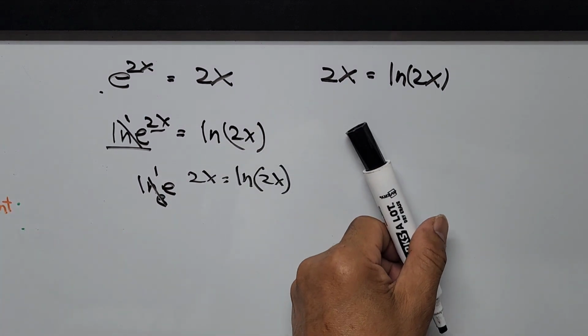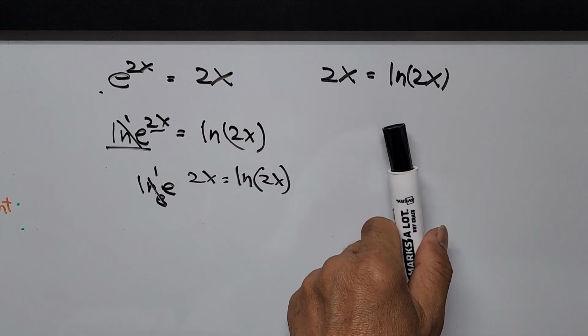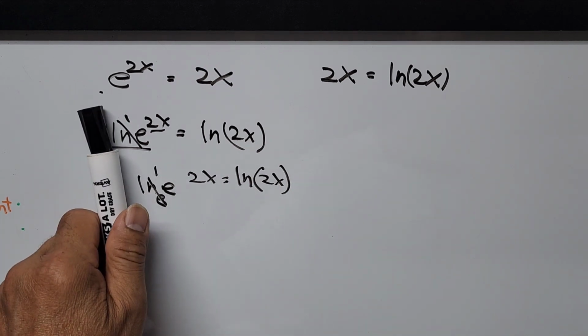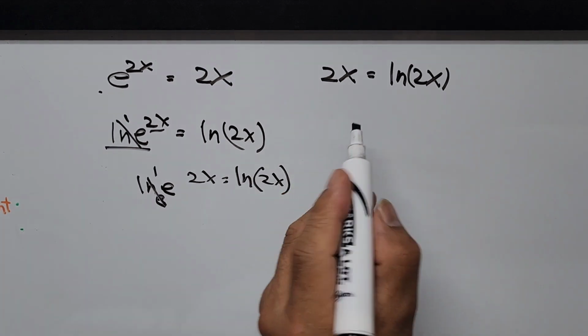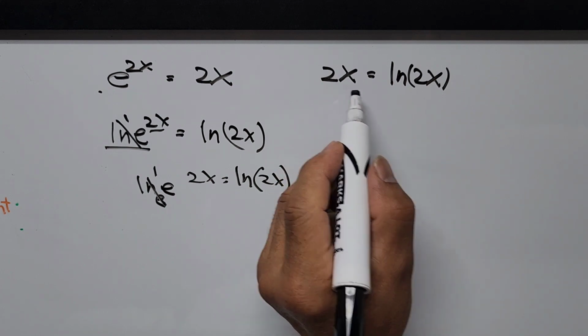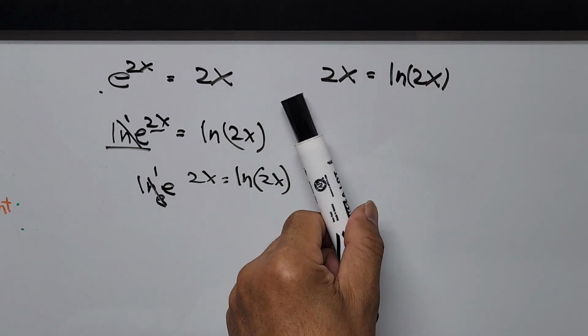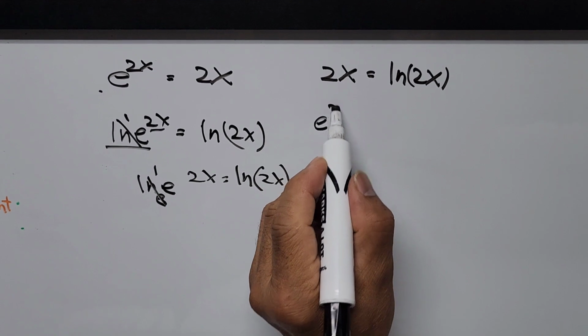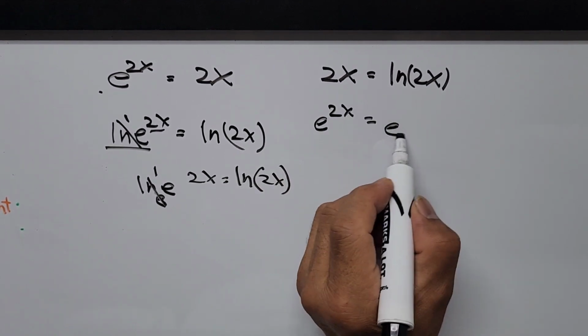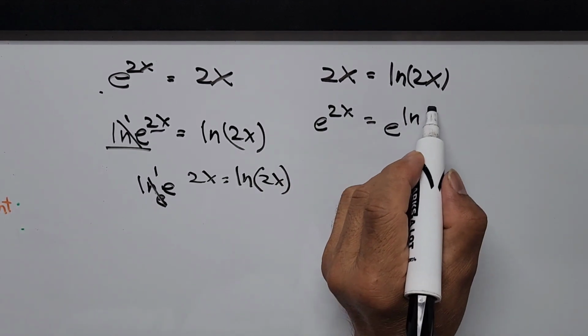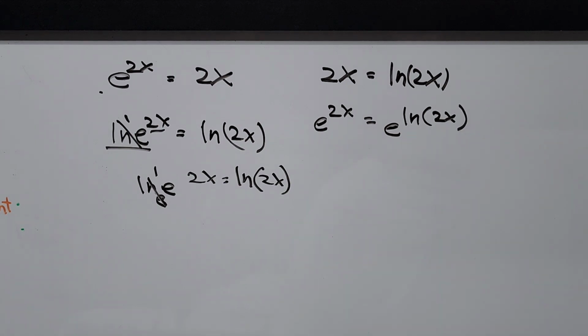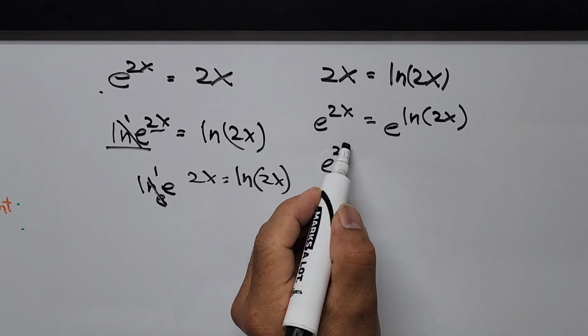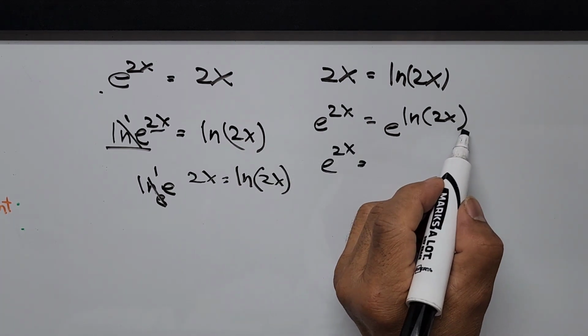And how about this? How do you convert this logarithmic equation into exponential form? So we have e to the power of 2x. We exponentiate both sides with base e. E to the power of 2x is equal to e to the power of ln of 2x. And so here, e to the power of ln of 2x is equal to just 2x.